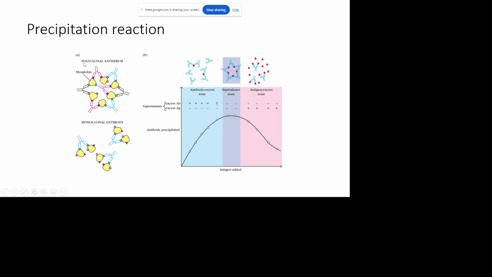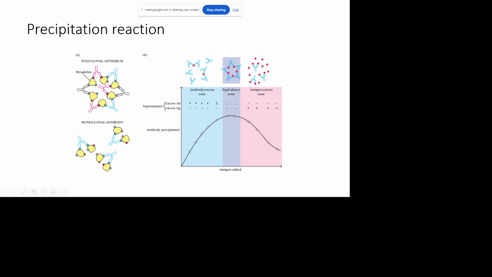But in the case of polyclonal antiserum, it has polyclonal antibody. Now polyclonal antibody can bind to more than one epitope. So this red one is binding here, the blue one is binding the blue epitope, right? So that's how they can make a network or cross link, which will give you an insoluble precipitation.